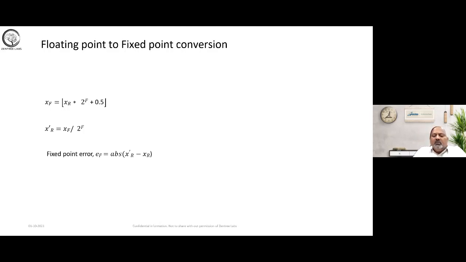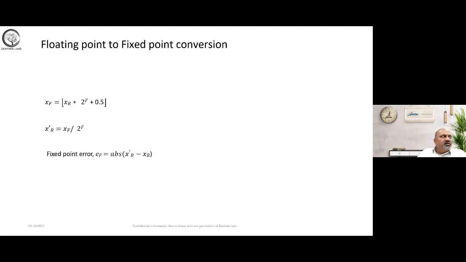So now the Q format is selected, then how can I convert my real data to fixed point data and fixed point data to real data? If any real number is given, multiply it by 2 to the power of the fractional number of bits, plus 0.5 for rounding, and floor the value. Then you'll get a fixed point value.